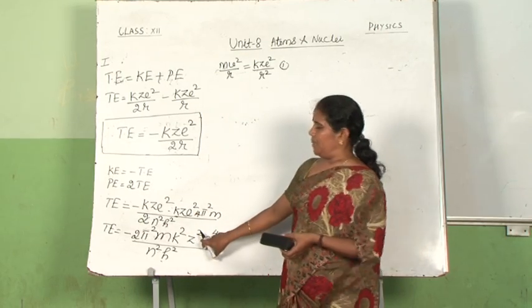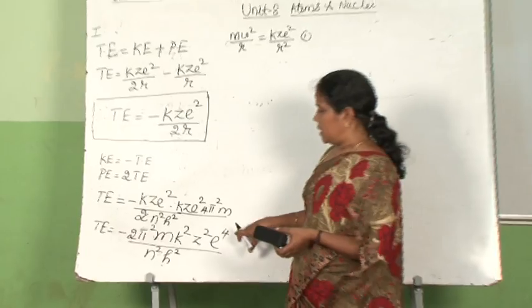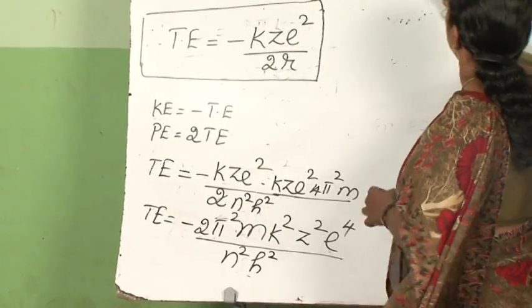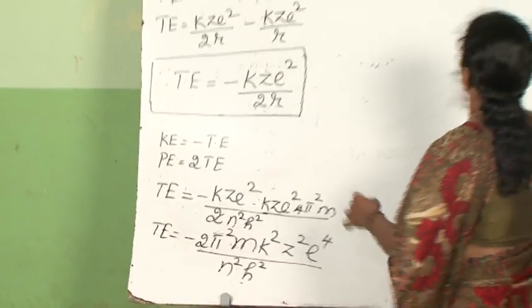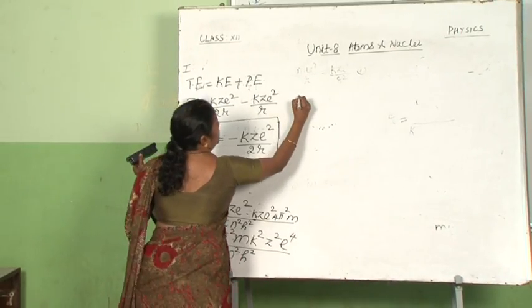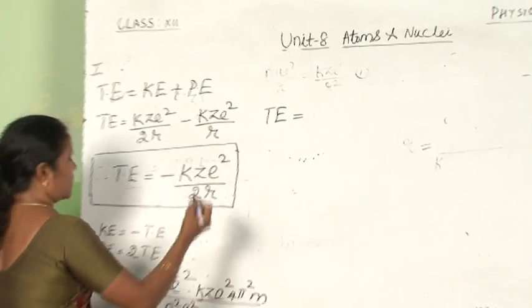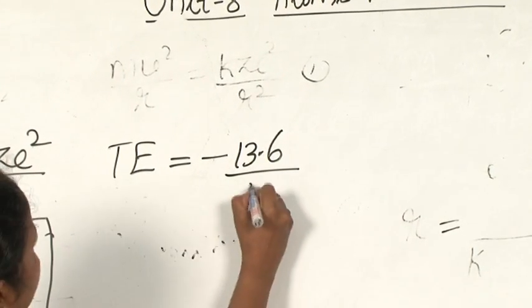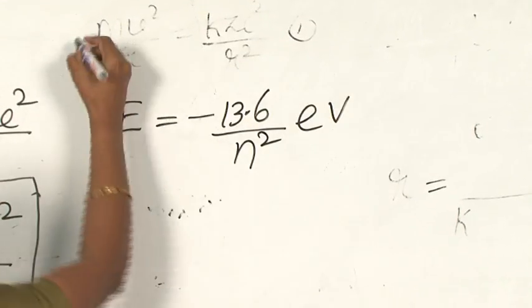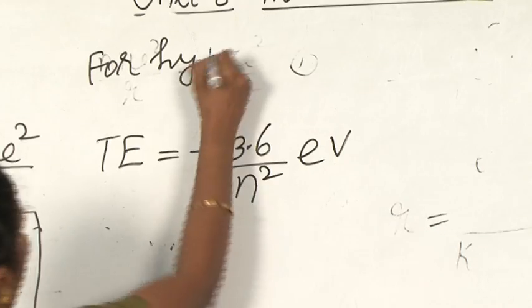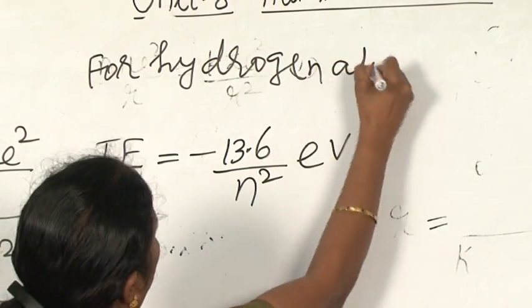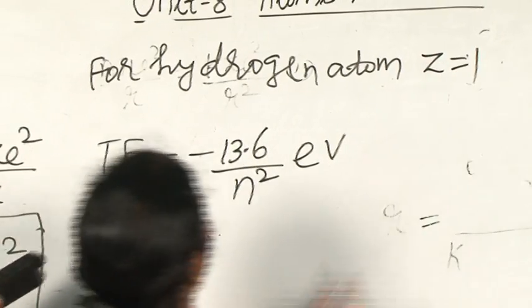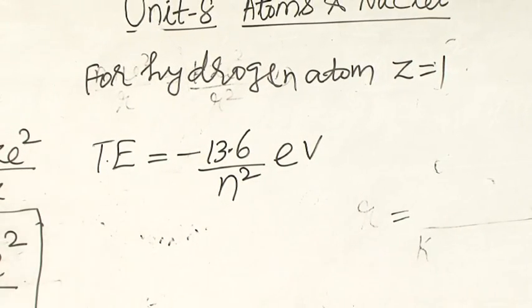If you substitute Z is equal to 1 in this equation and work out all the other constant values, the expression for total energy will become minus 13.6 divided by n square electron volt for hydrogen atom, Z is equal to 1.